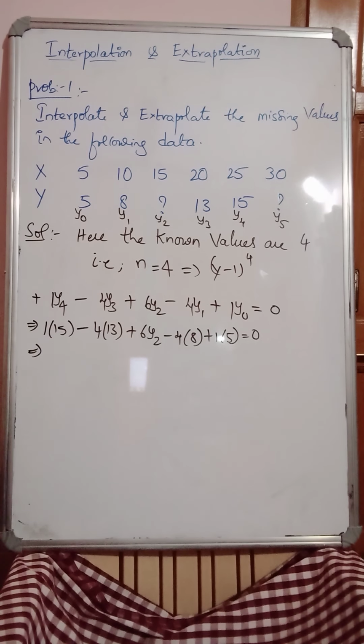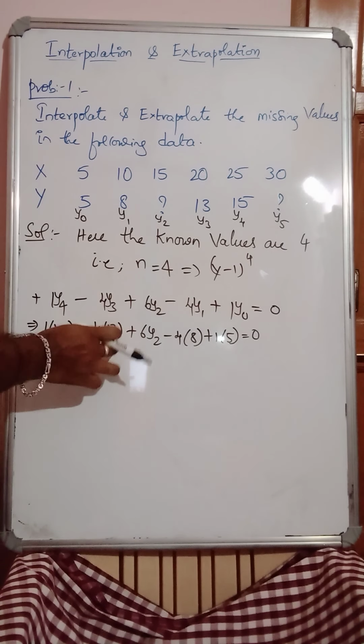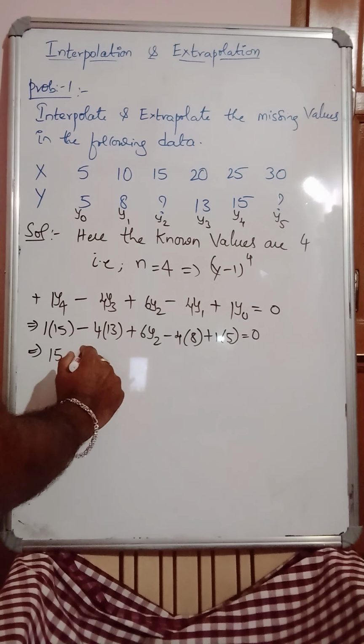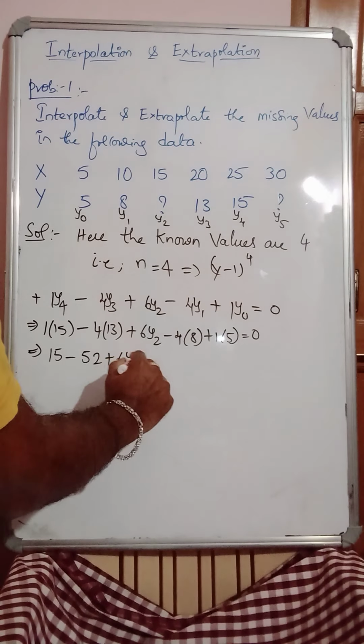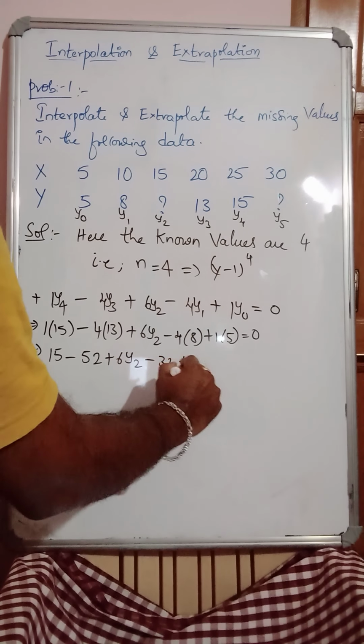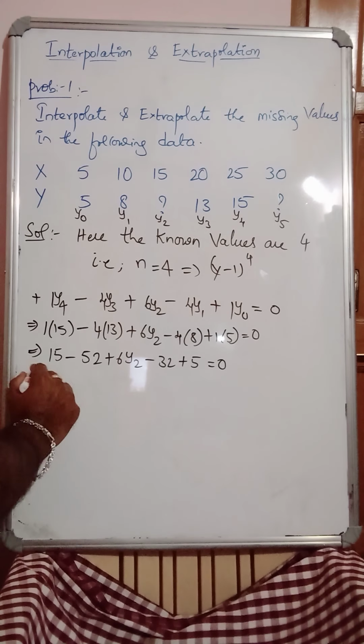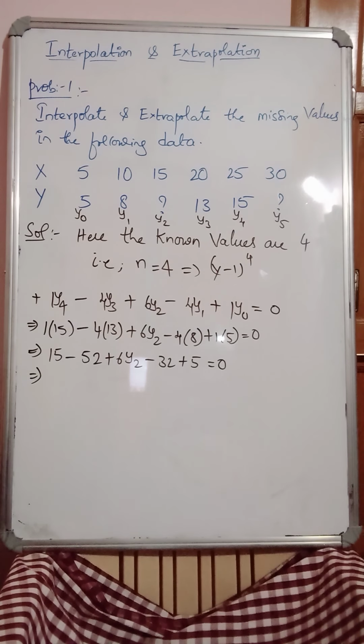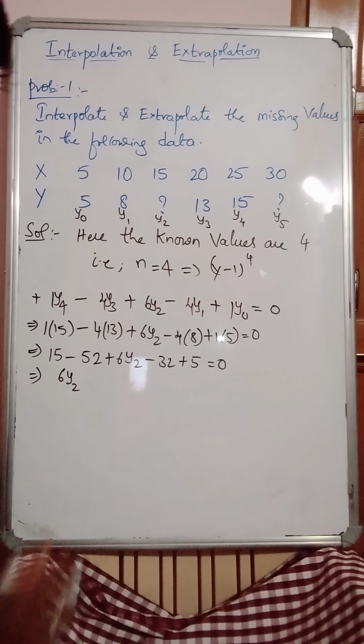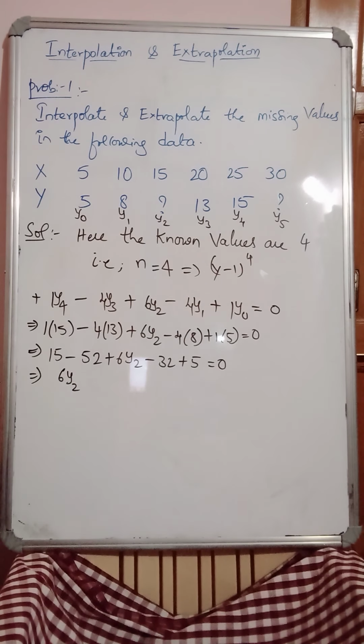Simplify this now. 15 minus 13 fours are 52, plus 6y2, minus 8 fours are 32, plus 5 equated to 0. That is, what's the answer? 6y2, 15 plus 5, the positives you add, is 20. 20 minus 52, minus 32, minus 32, minus 64.